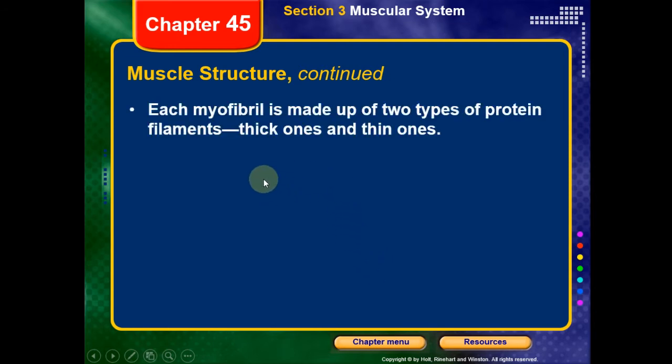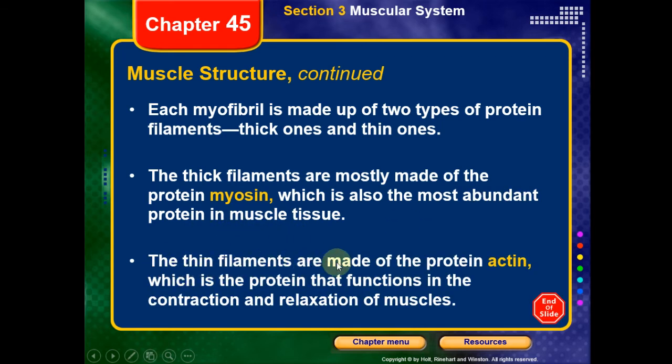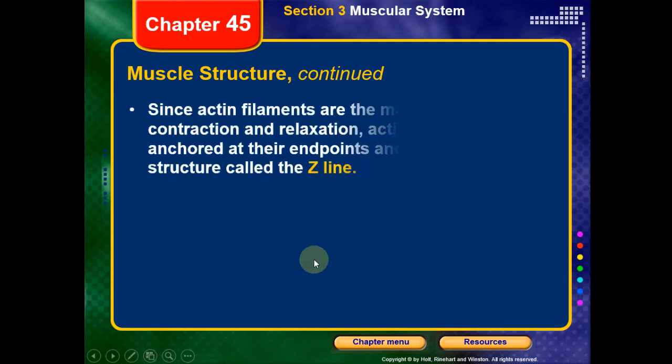Here we are going to talk about how the muscle contracts. Each myofibril is made up of two types of protein filaments, thick ones and thin ones. The thick filaments are mostly made of the protein myosin, which is also the most abundant protein in muscle tissue. The thin filaments are made of a protein called actin, which is the protein that functions in the contraction and relaxation of muscles.